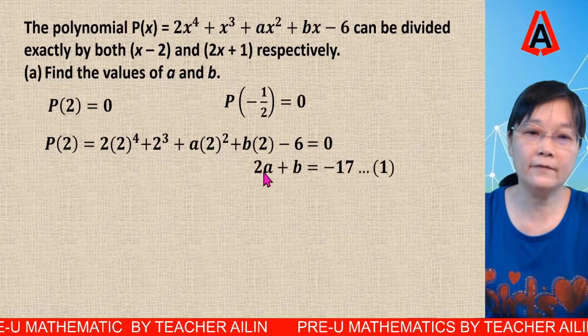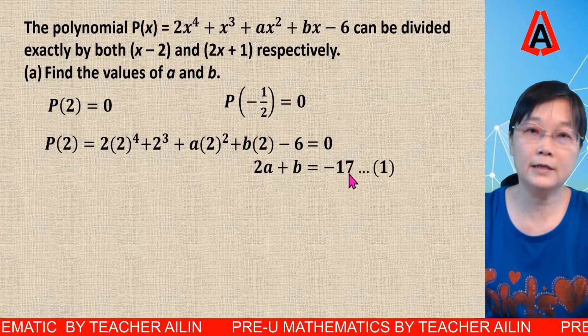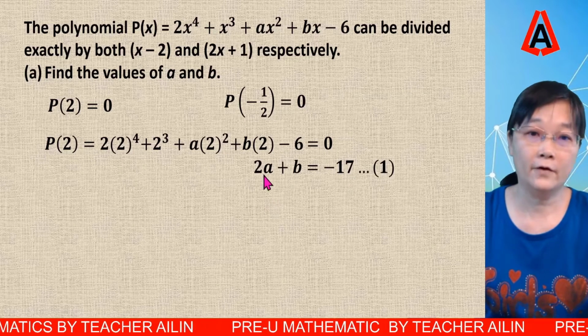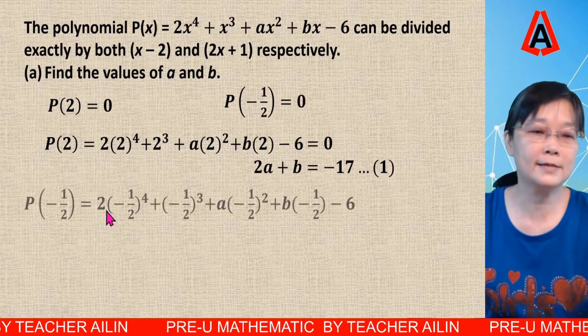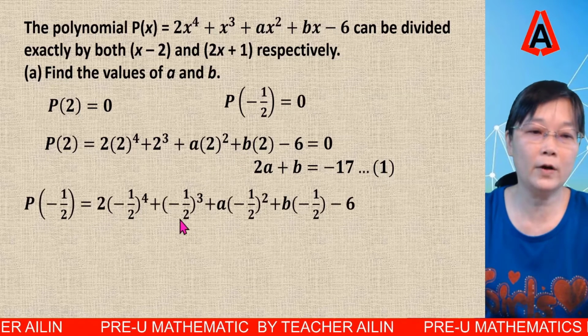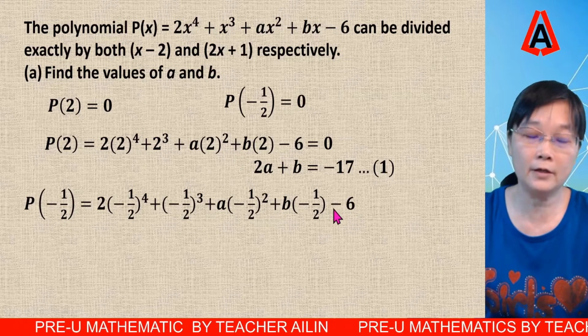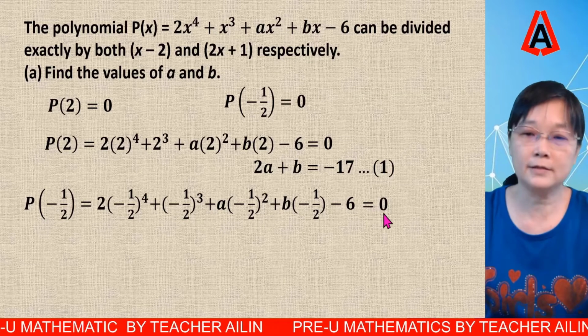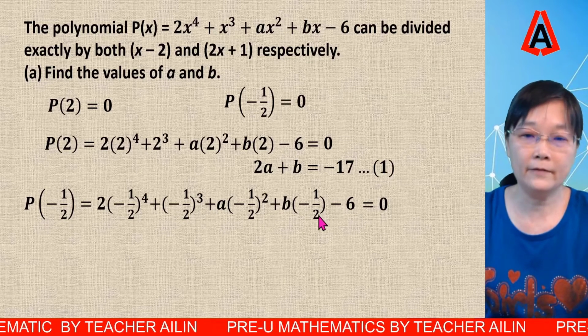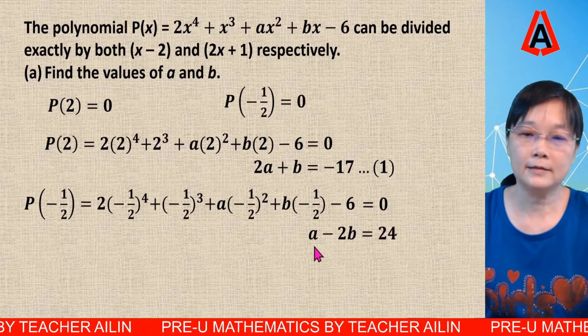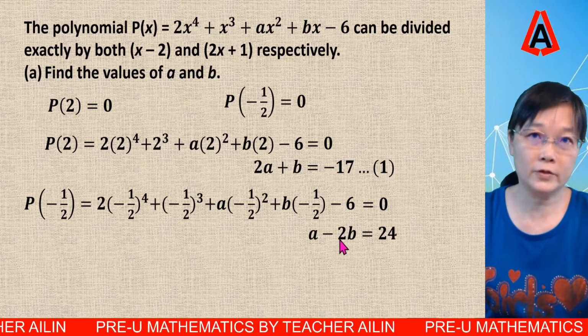So after simplifying, I get a linear equation. For the second factor, when I substitute x with negative 1 over 2 into the polynomial, I should get 0. Then when I simplify, I get another linear equation.